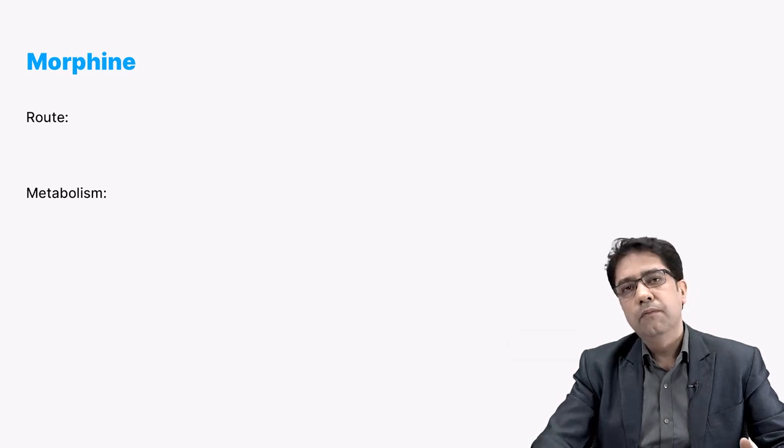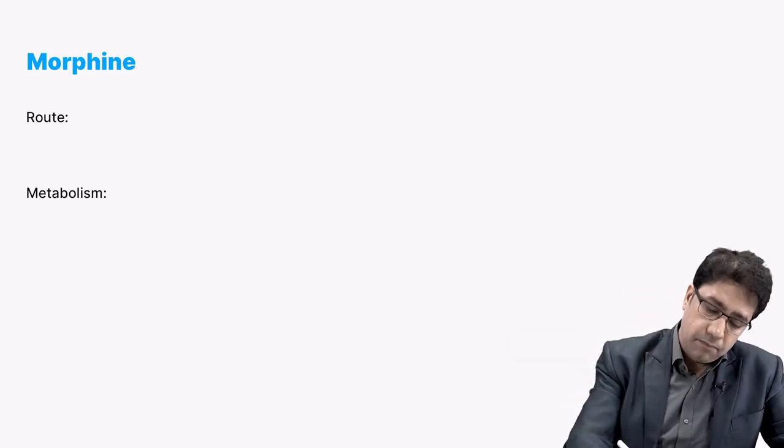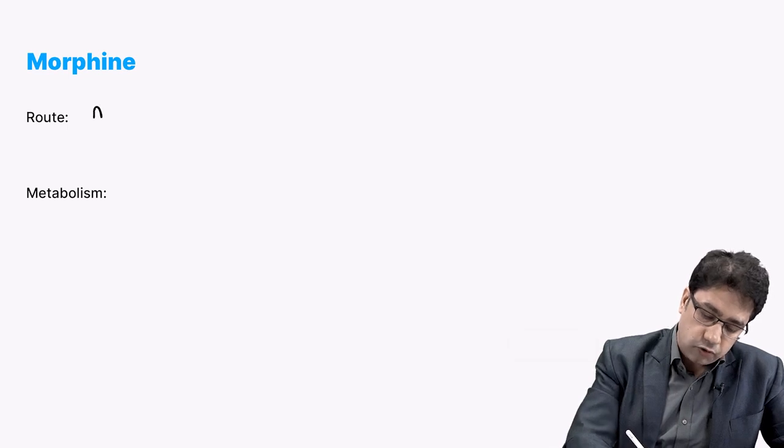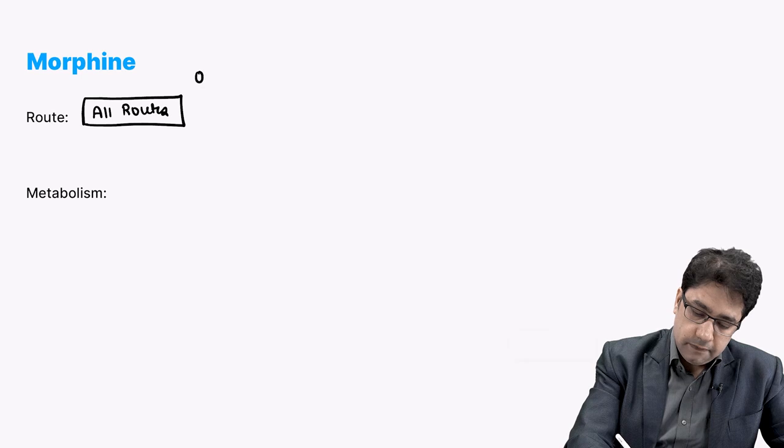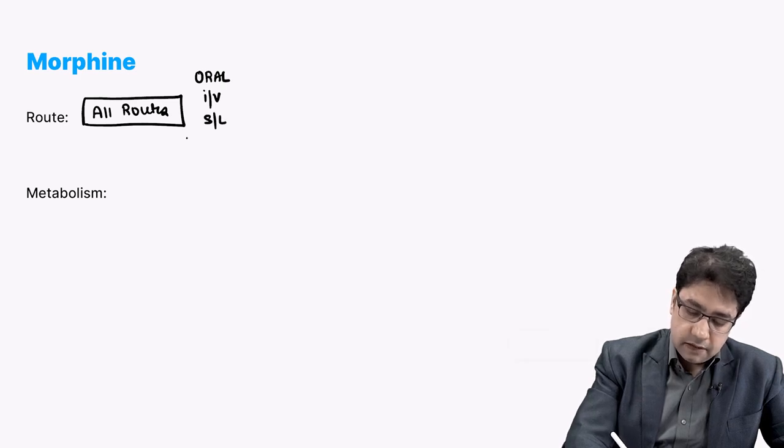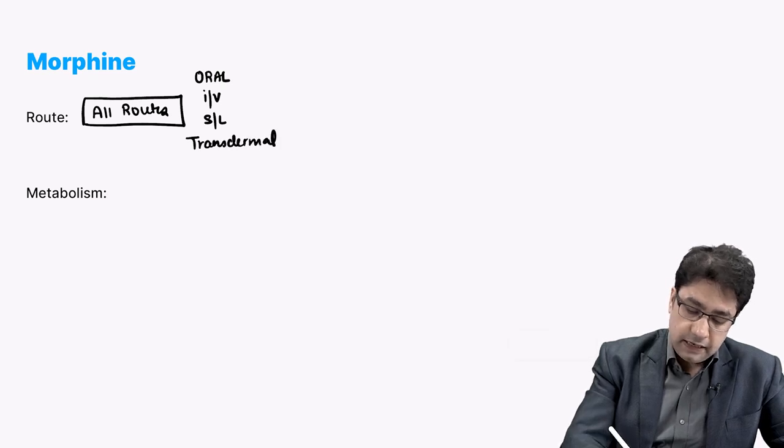So let's talk about morphine routes. Remember, morphine can be given by all routes. Like it can be given orally, it can be given IV, it is given sublingually, as a transdermal patch, it can be given intrathecally.